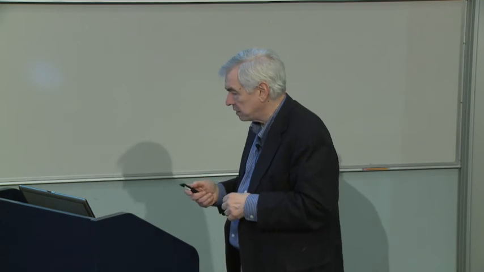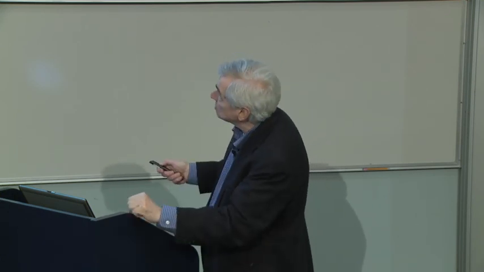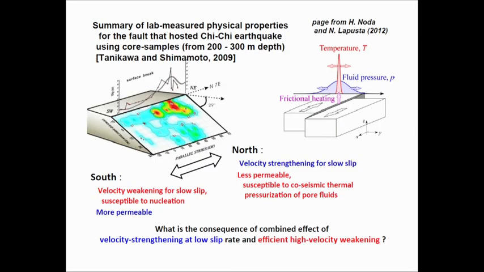What they point out is that in the south, the fault zone material is what we call velocity weakening, very brittle, easy to nucleate earthquakes, but also rather permeable compared to what's in the north, which is rate strengthening, so it's hard to nucleate an earthquake, but it's less permeable, so it's susceptible to thermal pressurization, which is one of our dynamic weakening mechanisms.